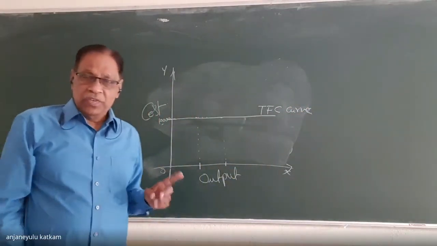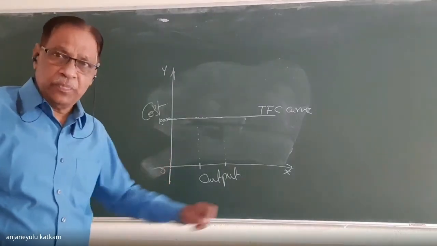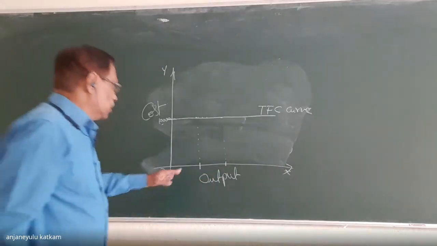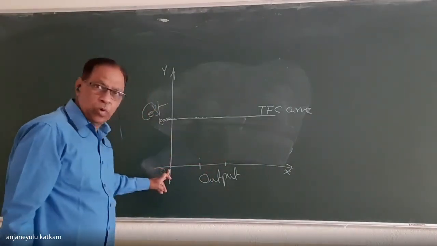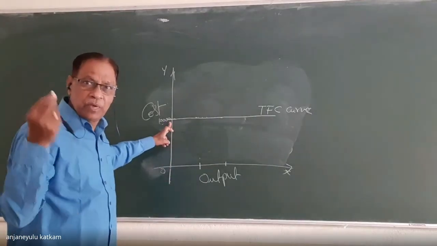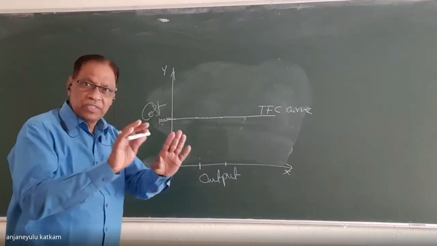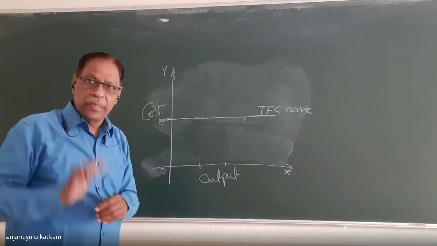This total fixed cost curve is a constant, irrespective of the level of production. So it is a horizontal line like this. Even if the production is zero, the total fixed cost is there. Suppose you take the salaries paid to the top level management, whether production is there or not in that particular period, the amount of salaries has to be paid.